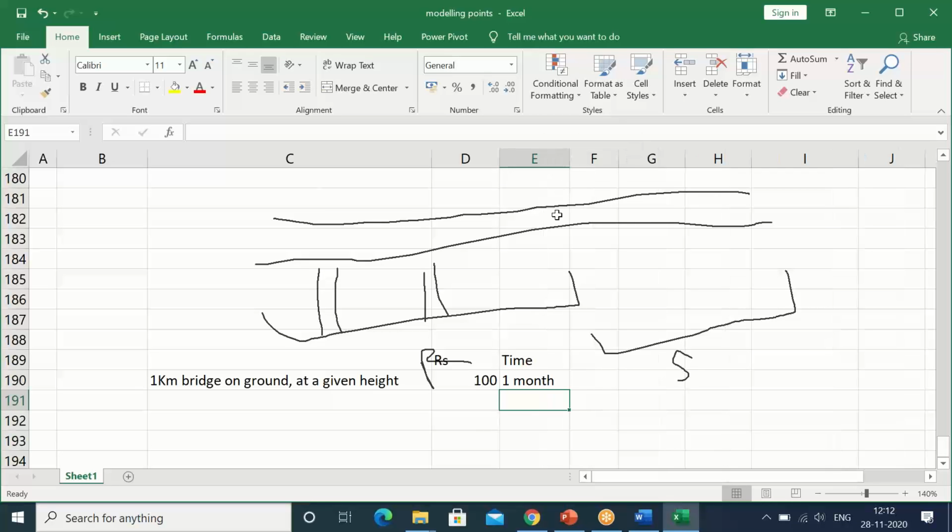What does it mean? This construction company knows that construction of a 1 kilometer bridge on ground at a given height will cost 100 rupees and a month. These are just hypothetical numbers for you to understand how the computation is done. Any doubt in this?